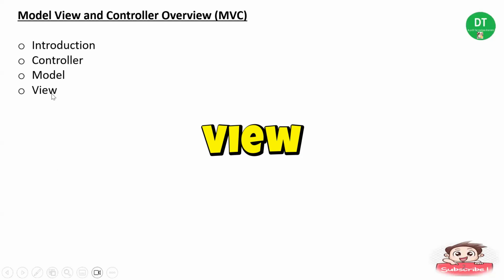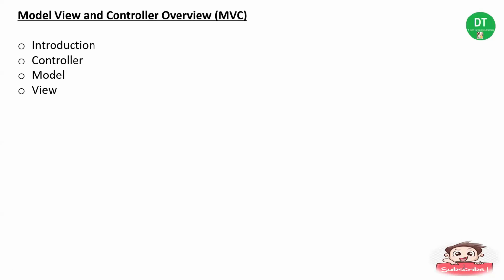Now we'll go to view. So what is a view? As the name suggests, it is the user interface, meaning the view is an HTML file which we see in our browser. It contains HTML controls, a number of text boxes, and buttons which we see on the page.